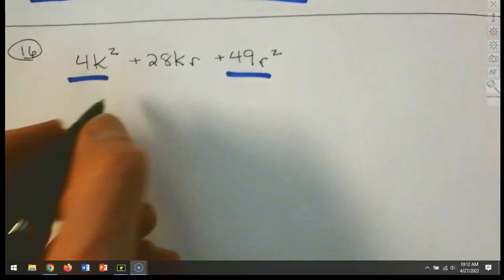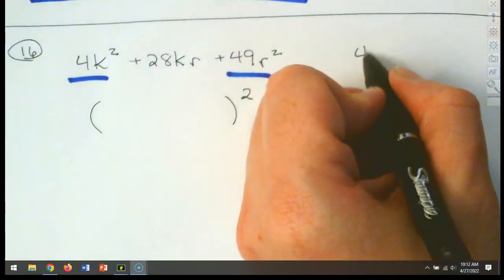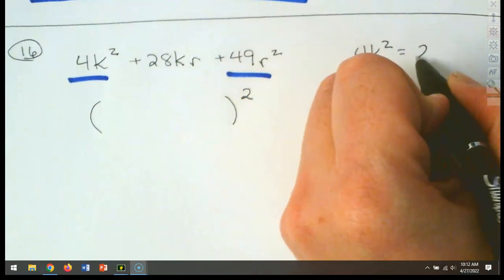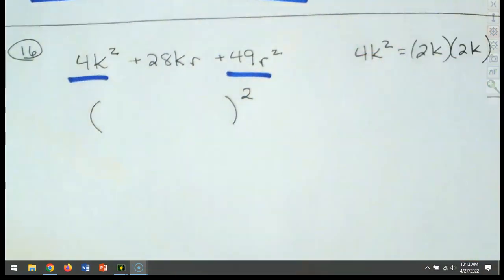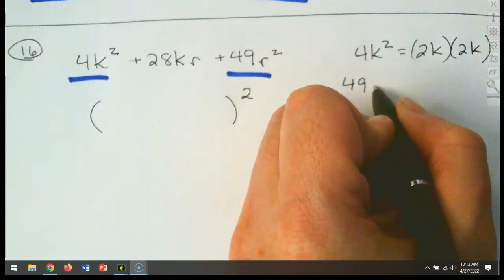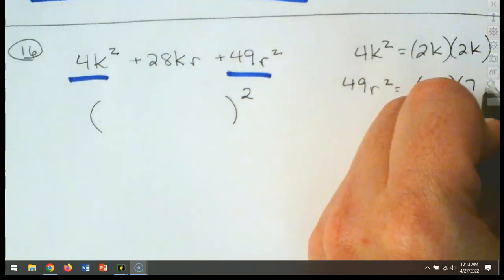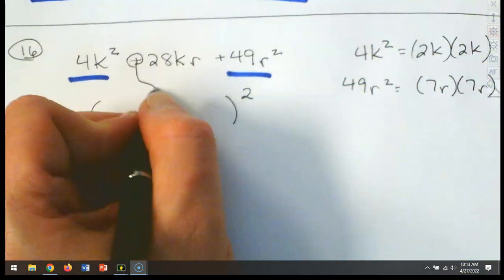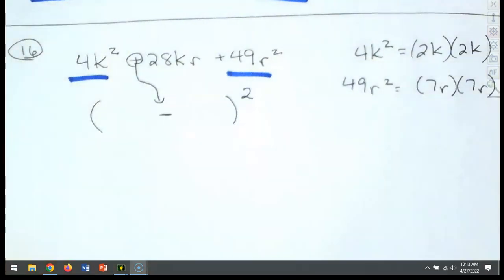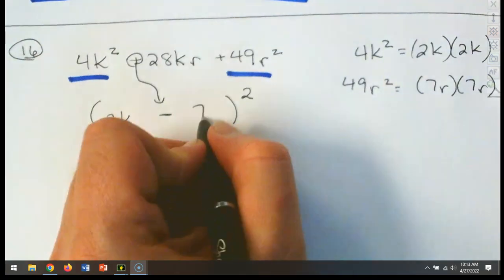Okay. So, 4k squared. That's 2k and 2k. 49r squared. 7r and 7r. Sign in the middle. Positive comes down. And what goes in here? 2k, 7r.